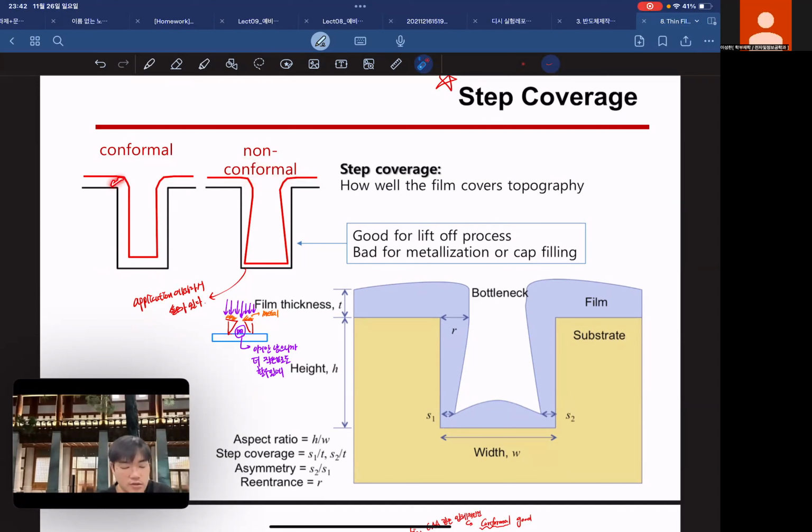Conformal means the film is the same everywhere, and it needs a long time because it makes the film step by step.